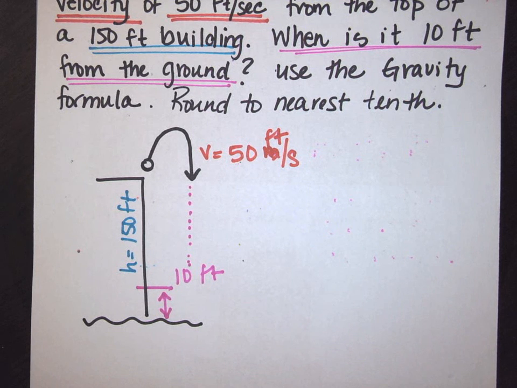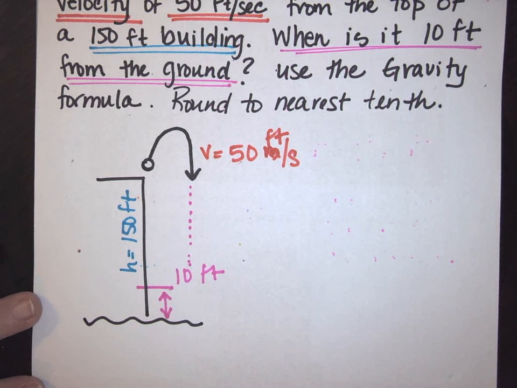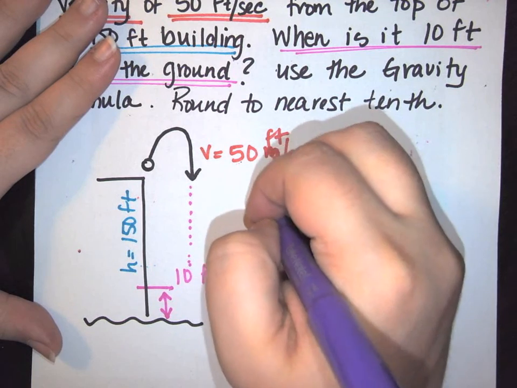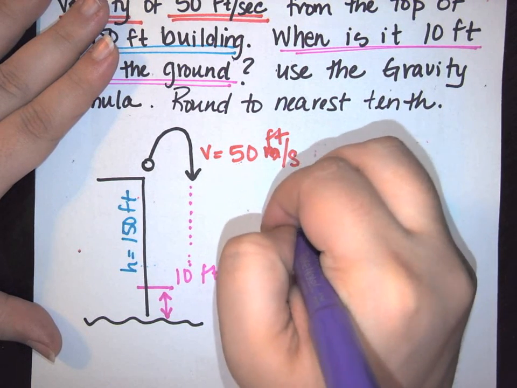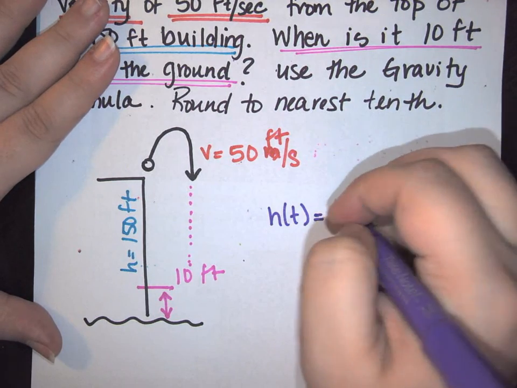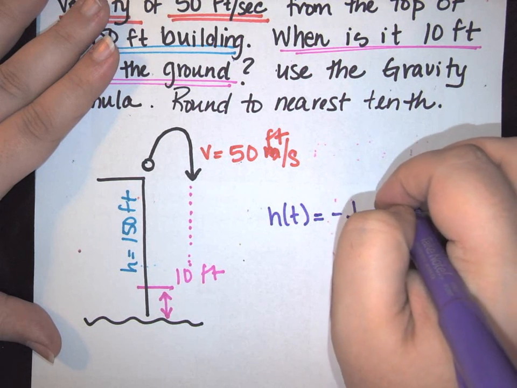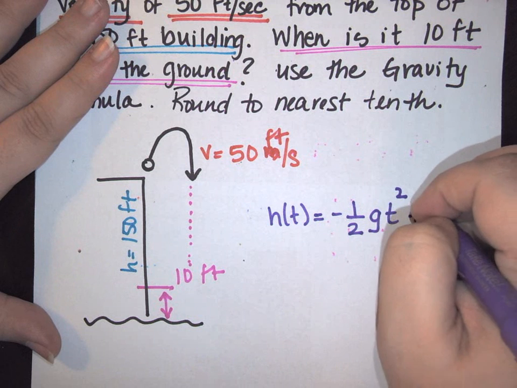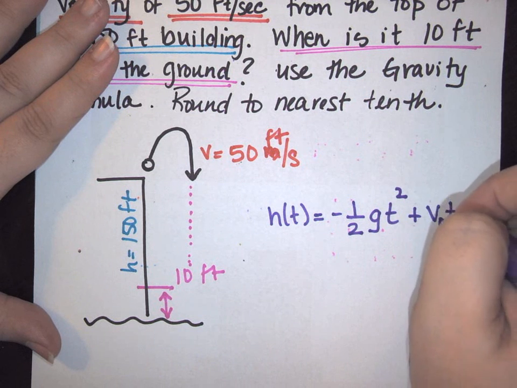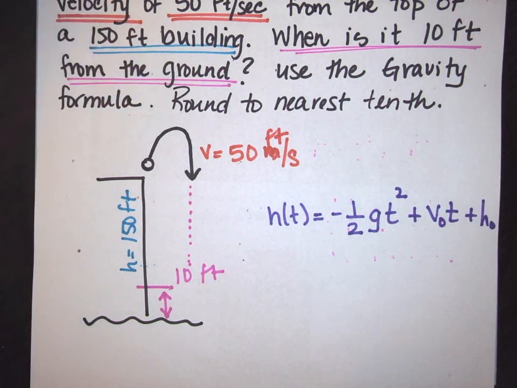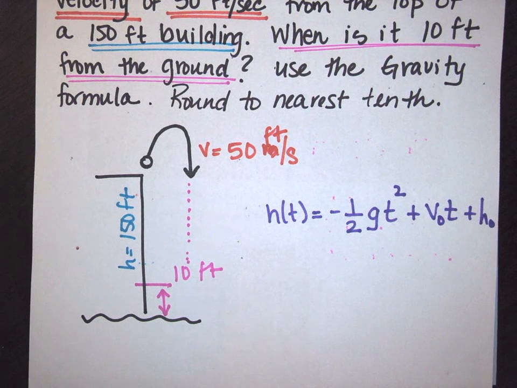So the first thing we need to remember is, okay, what in the heck is the gravity formula? The gravity formula is such that we have h of t is equal to negative 1/2 g t squared plus v naught t plus h naught. So what are each of these values?